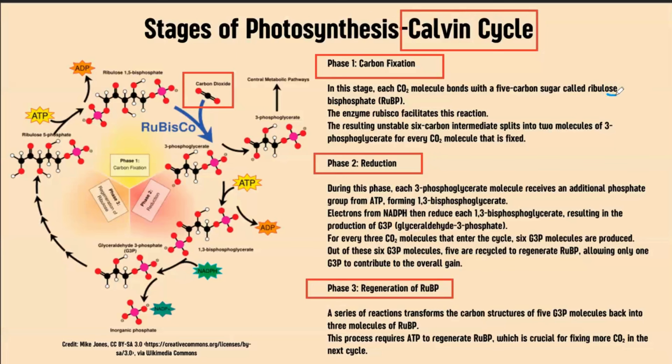And carbohydrates are a type of sugars. If you remember from Unit 1, your macromolecule section, that ending -ose is a big indicator to let you know that we're talking about a carbohydrate. In this case, a 5-carbon sugar. So each CO2 will bind to that 5-carbon sugar.